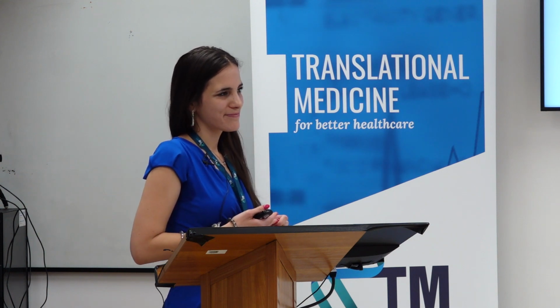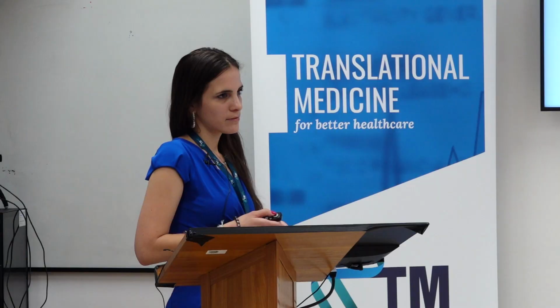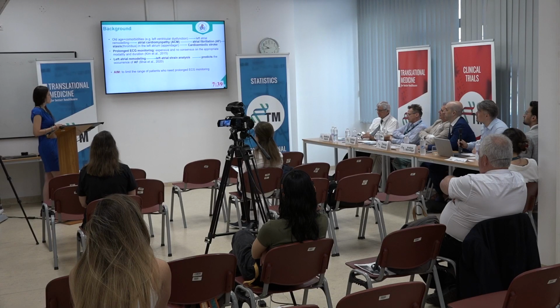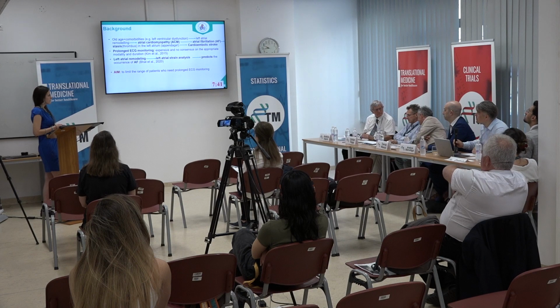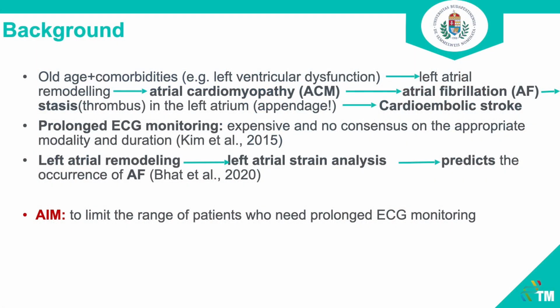Could you please go back to the first project slide? This one? Yes. So if I understand it correctly, you want to measure the atrial strain to predict if atrial fibrillation will occur. Is this correct? Yes. Okay. And when you are measuring atrial strain, can you first tell me what actually atrial strain is? What is this quantity?